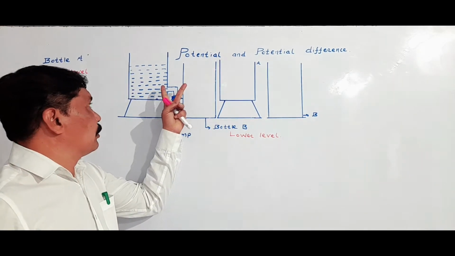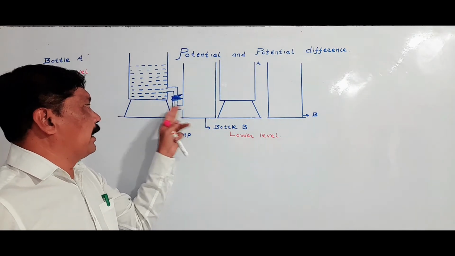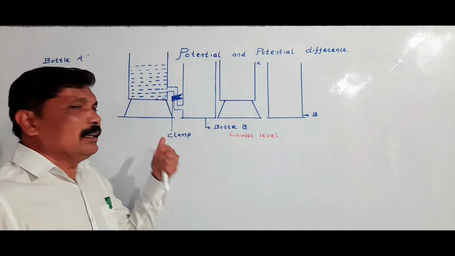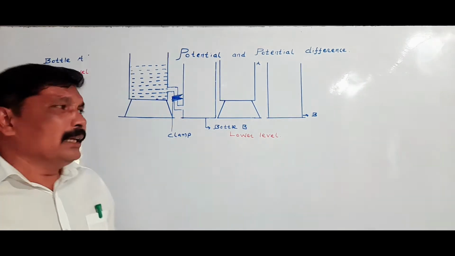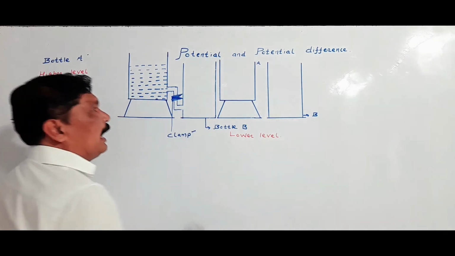These two bottles, bottle A and bottle B, are connected by a connection, and the connection is having a clamp. My dear student, now we are going to remove the clamp.